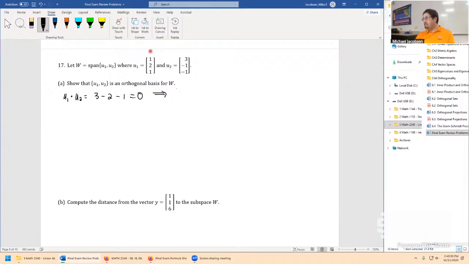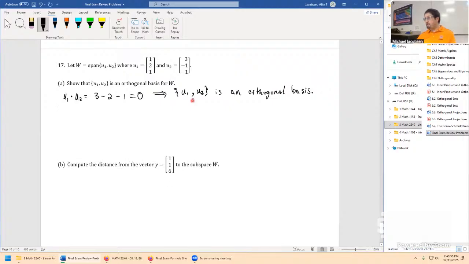This immediately implies u1, u2 is definitely an orthogonal set because it doesn't contain the 0 vector. It's also an orthogonal basis for W. So that finishes off part A.